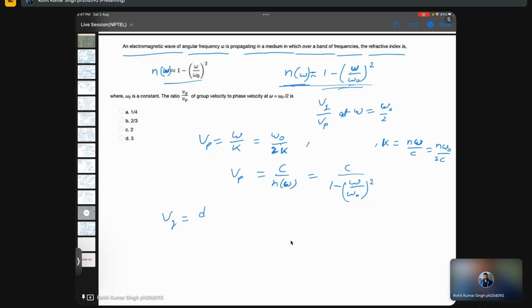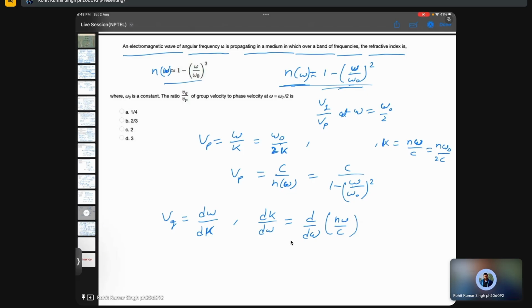Now what about the group velocity? So this is d omega by dk, correct? Again, since k is not there, we have to convert it in terms of either n omega or omega, like we did while we were deriving the formula. So let's invert this. So dk by d omega, and k, we know that it is just n omega by c.